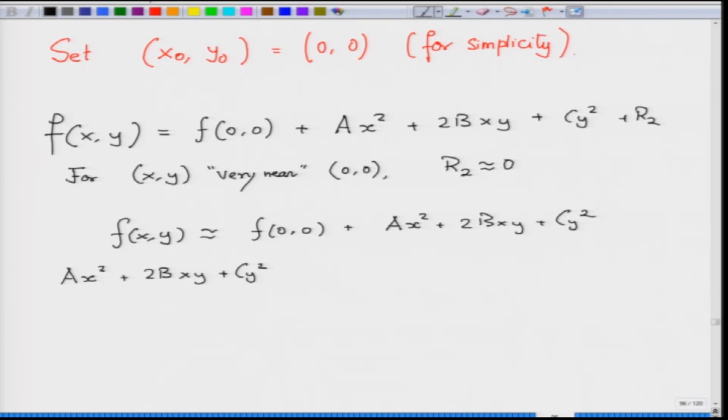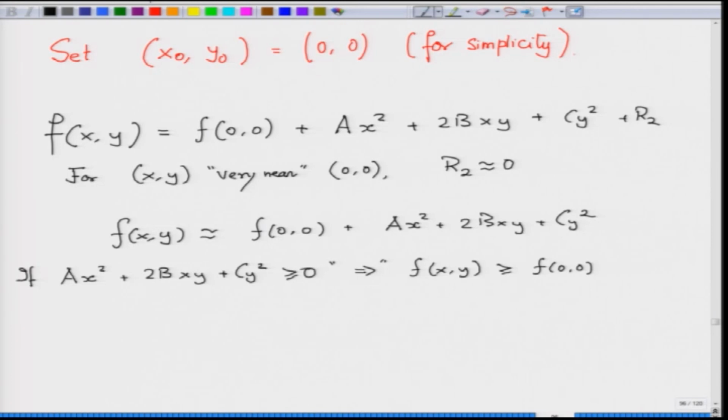For a given choice of x y, if we can prove that this is greater than 0 for some x y very near 0 0, this simply implies that f x y is in some sense greater than f 0 0. So, f 0 0 becomes the minimizer. This is a very crude sense, you cannot say this implies this, but in a crude sense this is the meaning. Essentially I have to determine the sign of this.